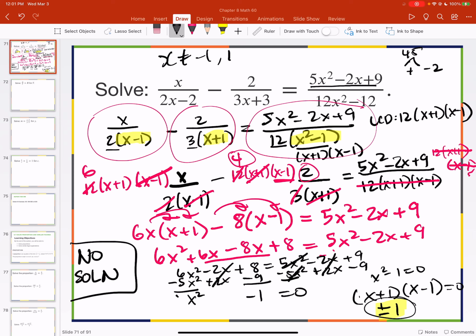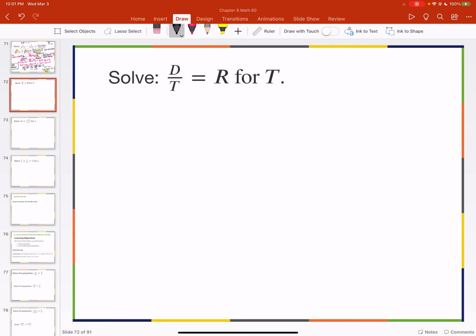Okay, another thing that we need to be able to do in this section is solve equations for certain variables. So here you have the ratio d over t is equal to r. We need to solve for t. The first thing we need to do is get this out of the denominator by multiplying both sides by t.